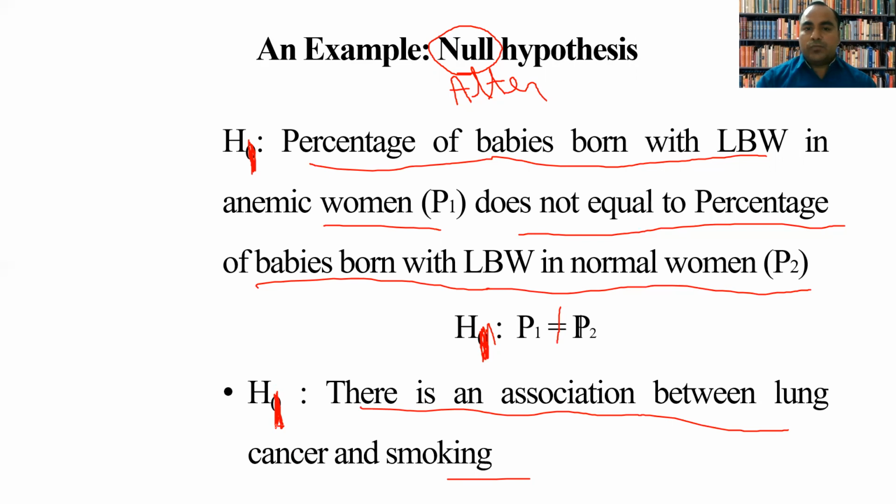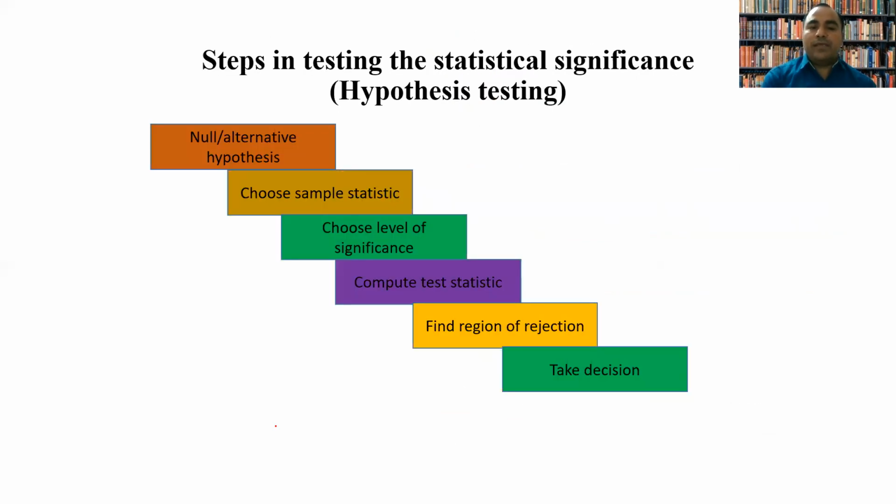Now, one important point I'll tell you: whenever we are going to analyze the data, we need to follow these steps. First of all, suppose you have data in hand and are going to begin the statistical analysis, which may be parametric or non-parametric depending on your background characteristics. You are going to analyze your data with help of statistical techniques.